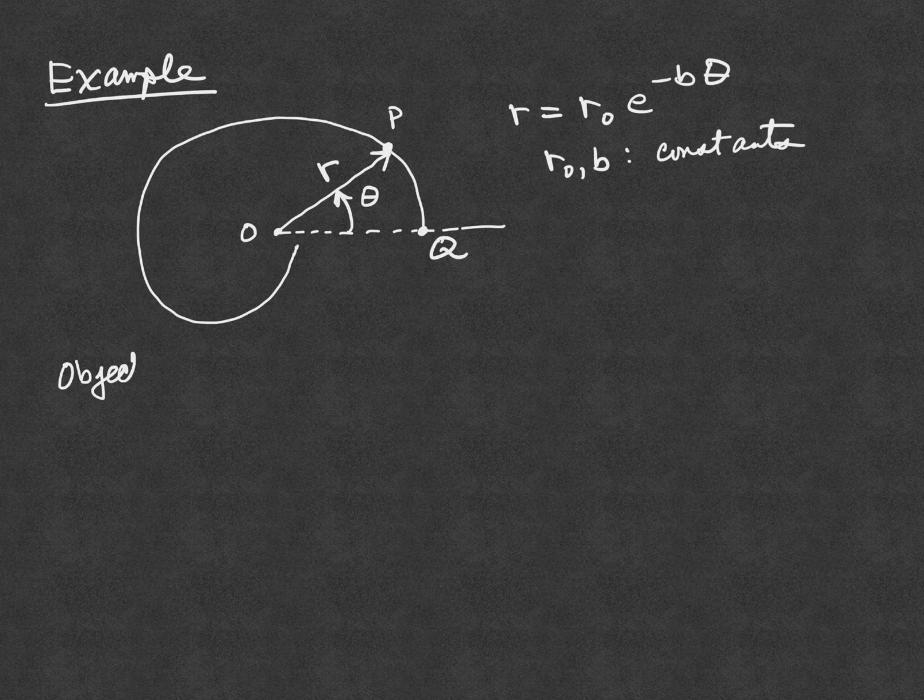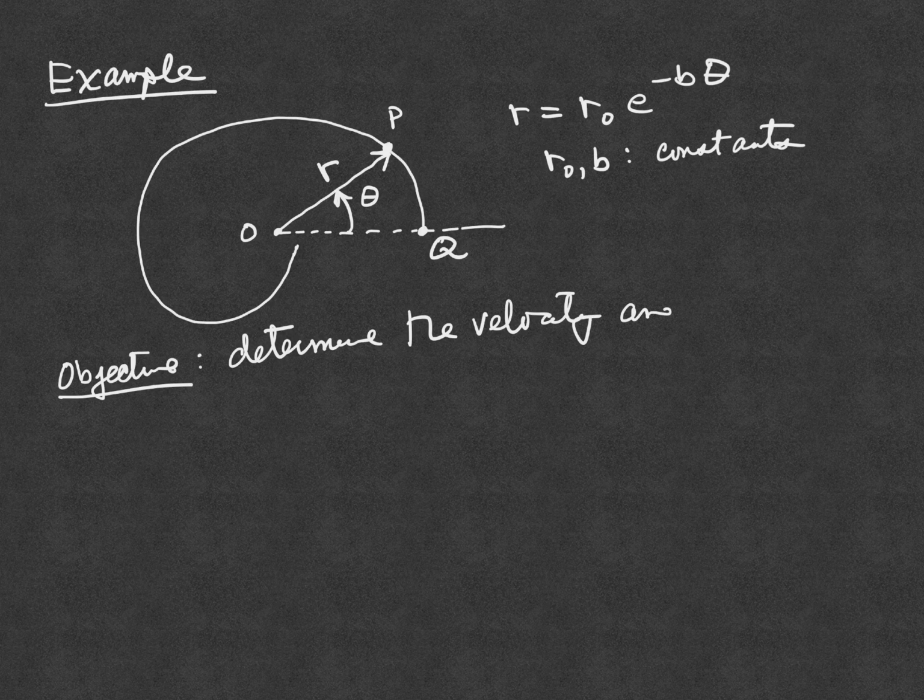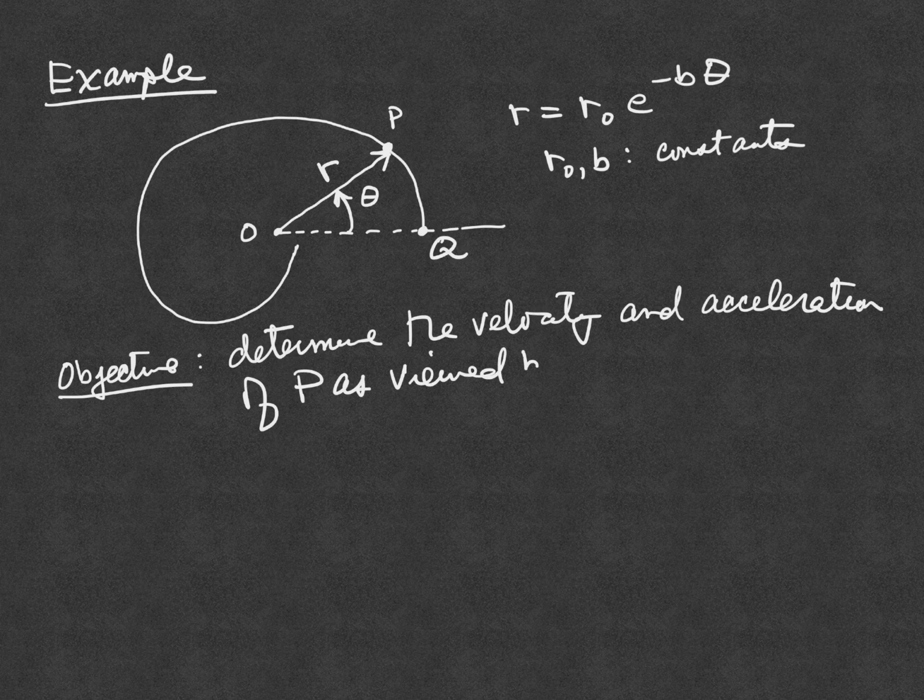The objective is compute or determine the velocity and acceleration of P as viewed by an observer fixed to the track.